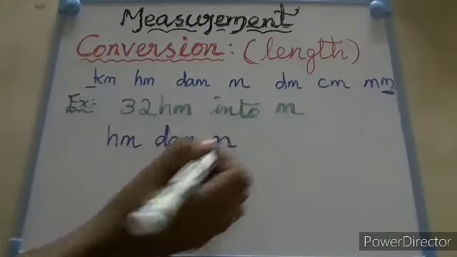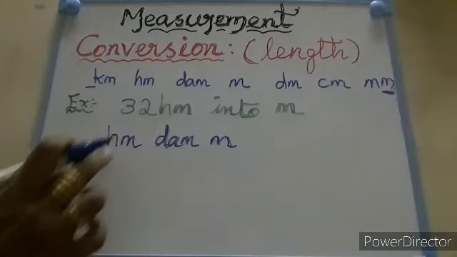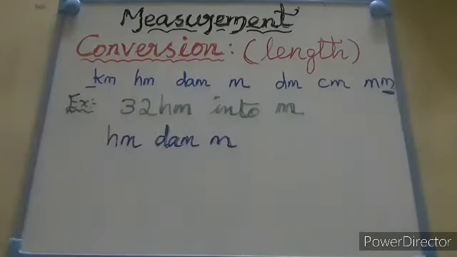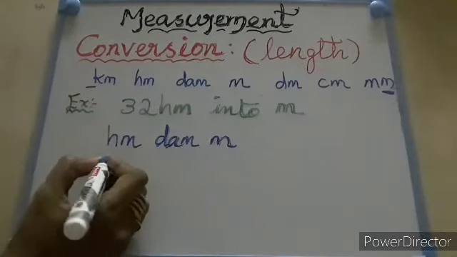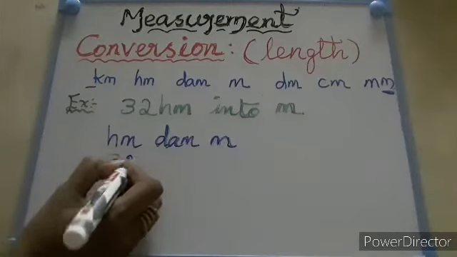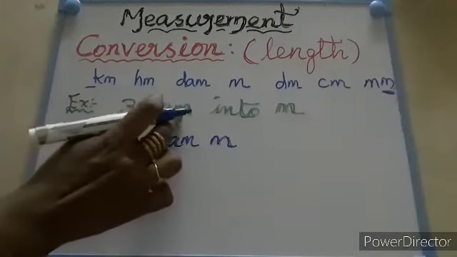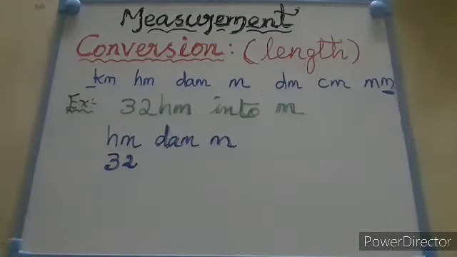Decameter and hectometer. So near the hectometer, what are the numbers here? 3 and 2, right? So you have to write 32 here as it is, because these two numbers belong to hectometer.